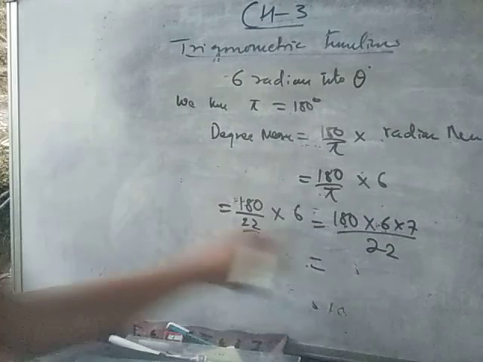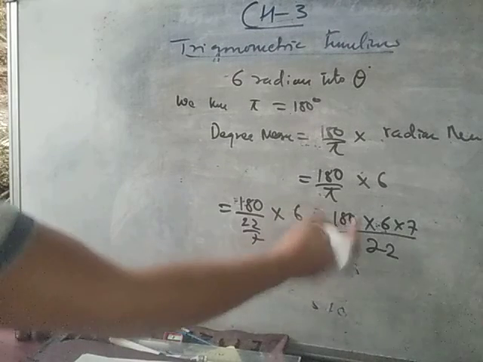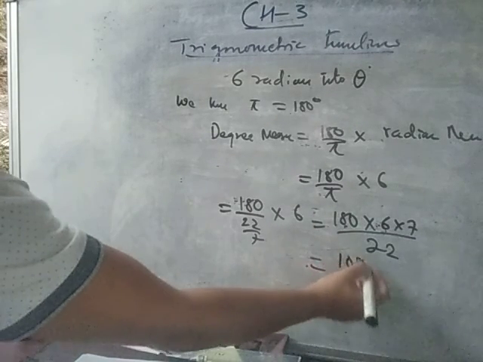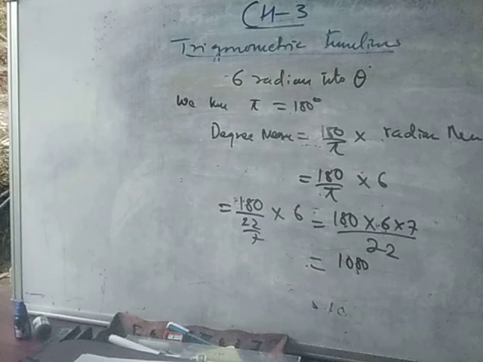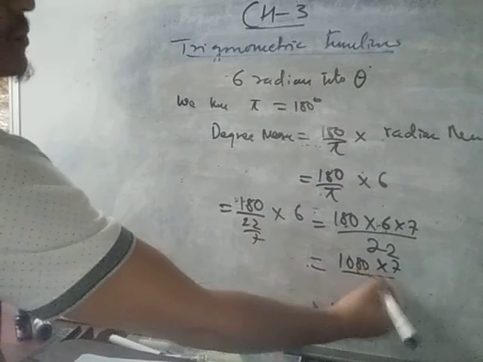This equals to how much? If you multiply this, you'll get 1080 into 7 by 22 degree.